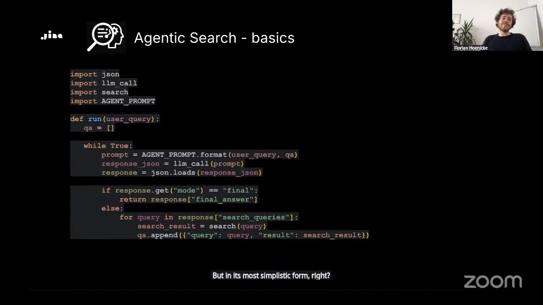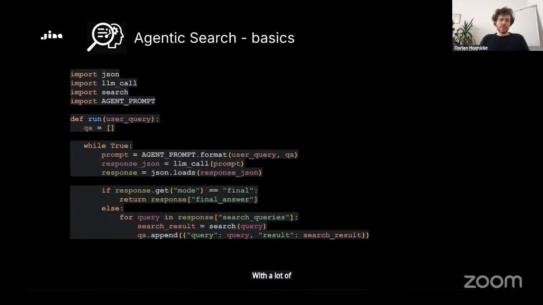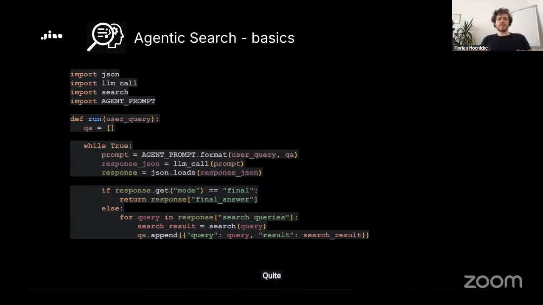You can build a very complex agentic search system with a lot of code. And also at Jina, we built our own versions that are very capable and have really thousands of lines of code, right? Don't misunderstand me, but just to get started and to solve your specific problem at your company quite sufficiently with search agents, this piece of code might be enough.